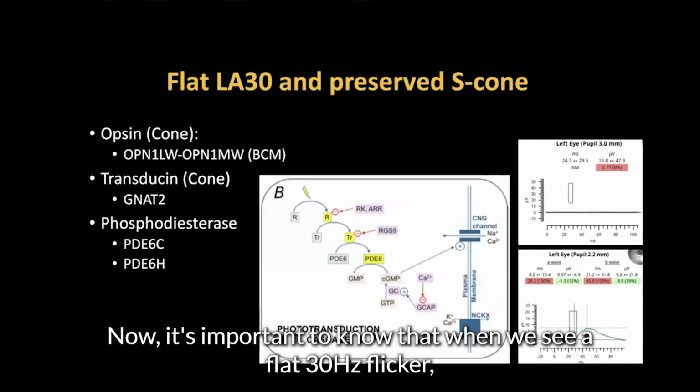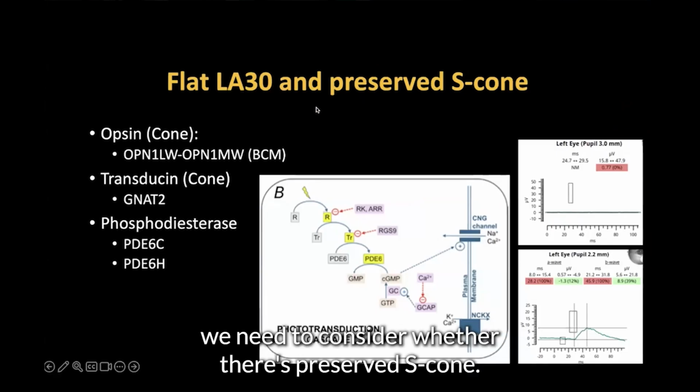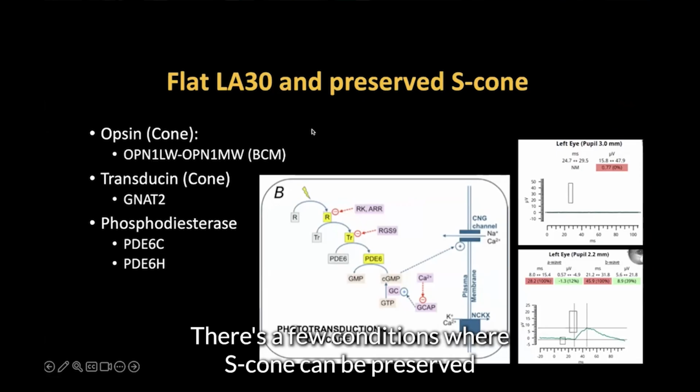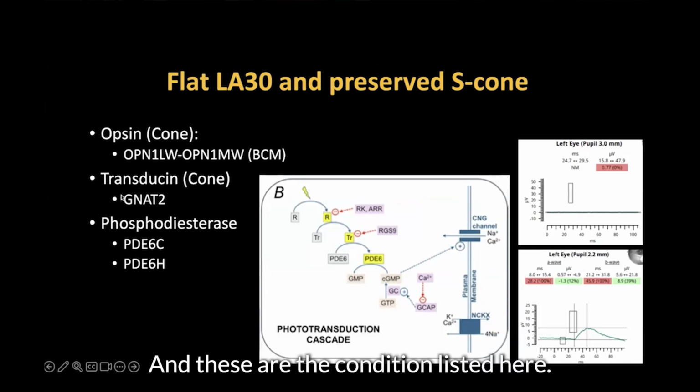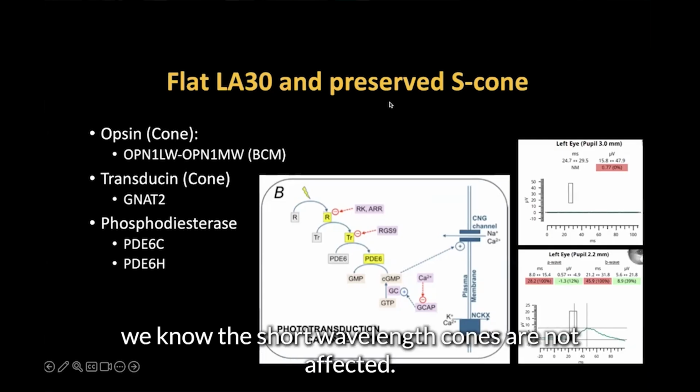Now, it's important to know that when we see a flat 30 Hertz flicker, we need to consider whether there's preserved S-cone. There are a few conditions where S-cone can be preserved despite a flat 30 Hertz flicker, and these are the conditions listed here. In blue cone monochromacy, we know the short wavelength cones are not affected.